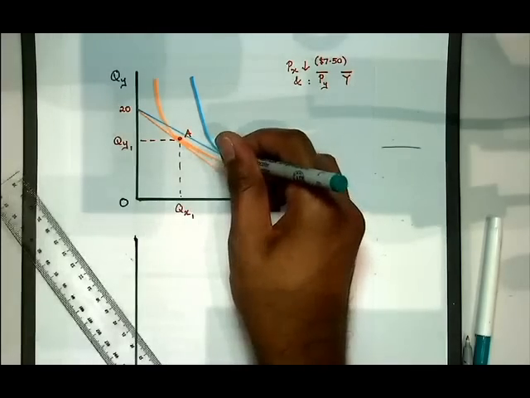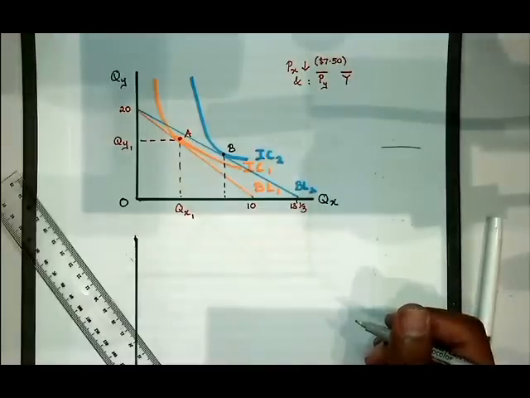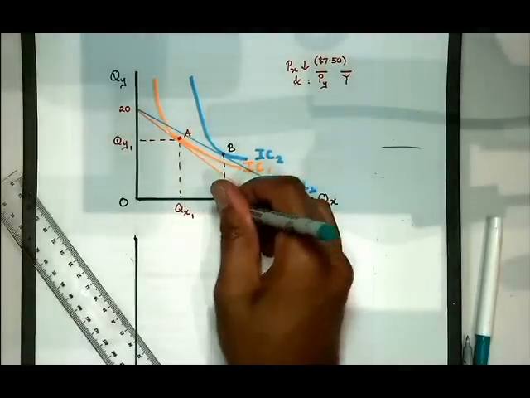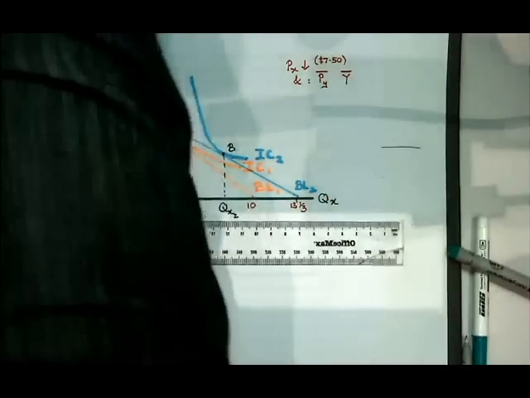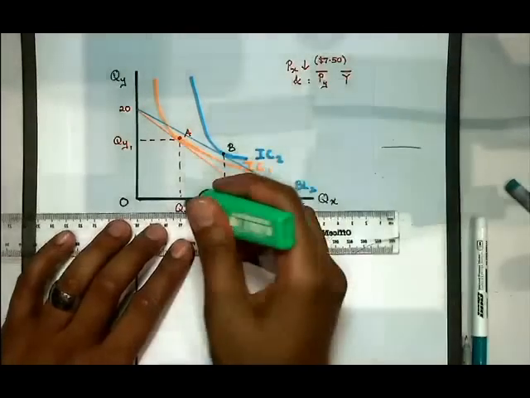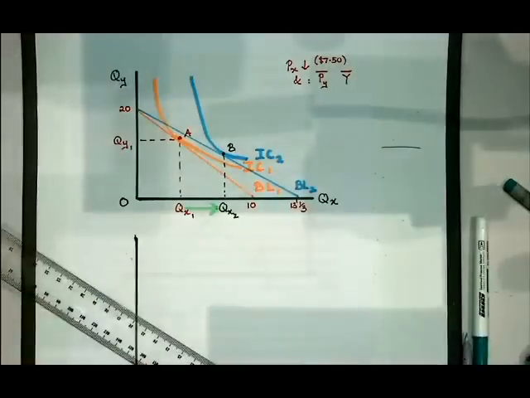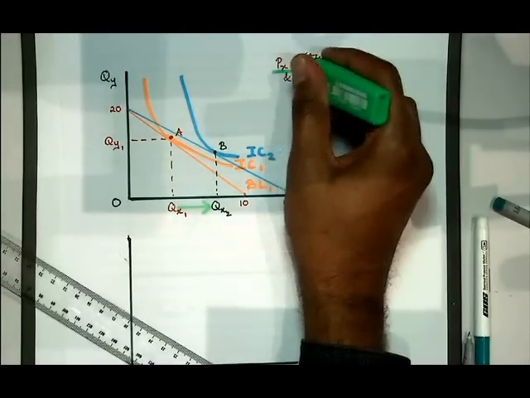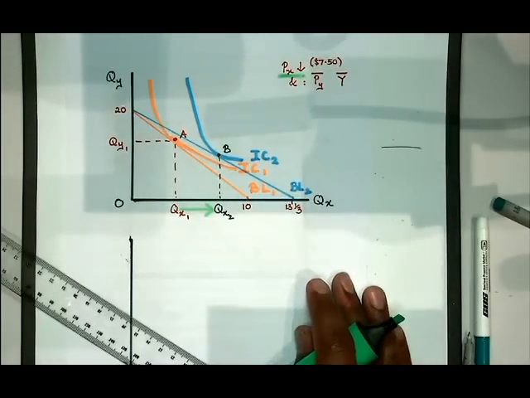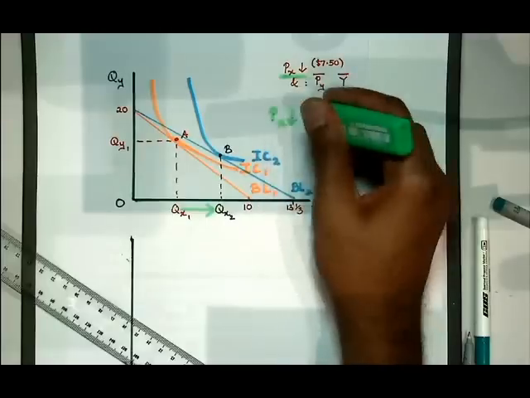Can you see what's happened to the quantity of X? The quantity of X has gone up. The price of X went down.